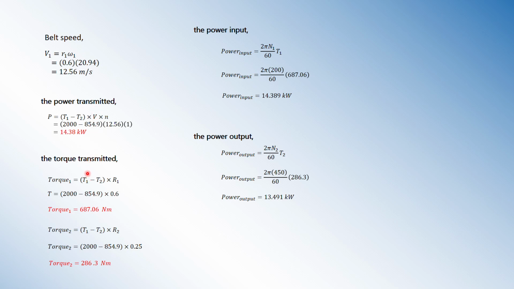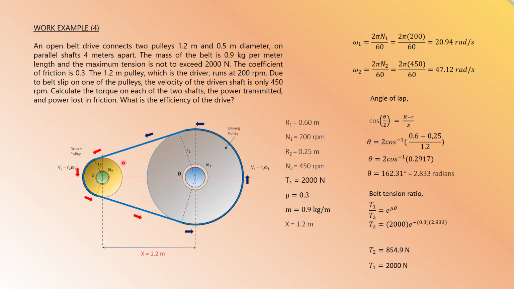Now, how do I consider the torque transmitted? Let us take a look back at this pulley here, for example, the golden color pulley. You have two sides with a belt. Actually you have T1 at one side. Now you see it is driving like this, so the top one should be T1 and the bottom one here should be T2.